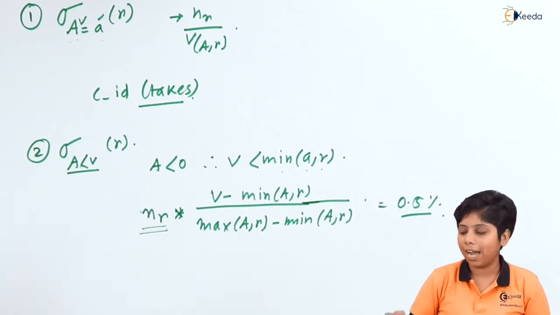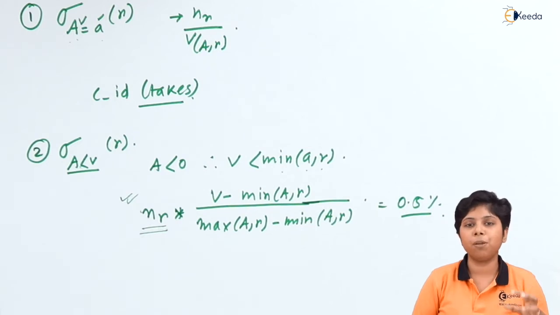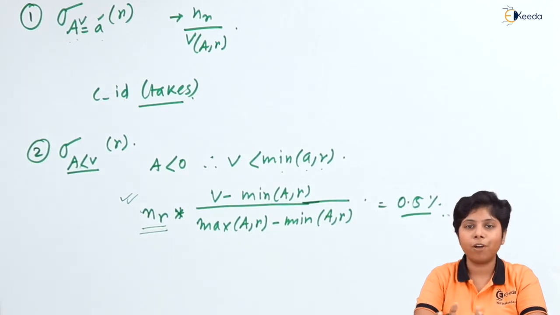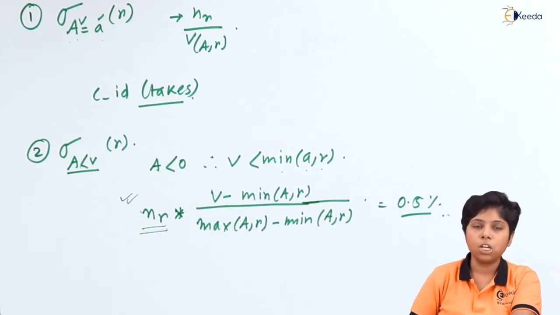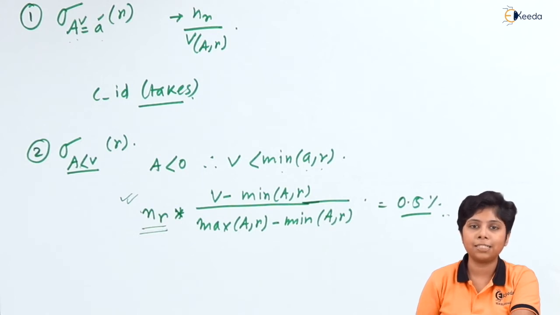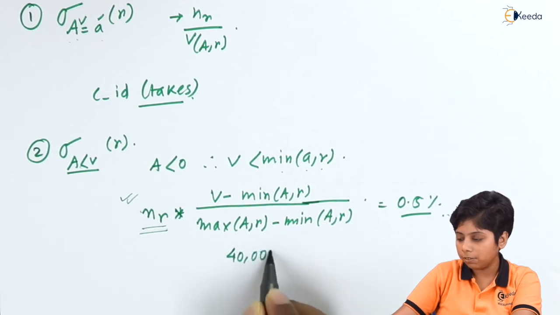So now we can have the estimation on this particular formula, that if V belongs to between the minimum of R and the maximum of R, then it should have a 0.5 fraction belonging to the range. Now my V is 90,000, that is, I am finding any salary that is less than 90,000. So it becomes V minus the minimum: 90,000 minus the minimum salary of 50,000, so my difference is 40,000.